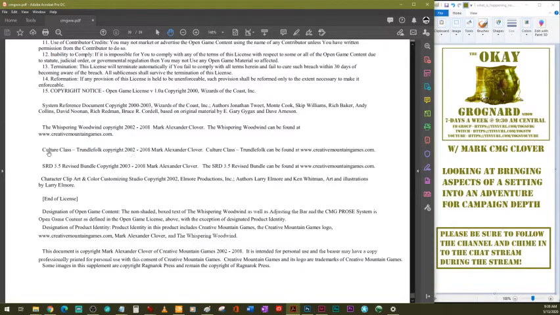How about that? I had this culture class, Trundlefolk, which I revised when I revised this in 2008 for 3.5. I used my own SRD 3.5 revised bundle. I originally had this character clip art, which was included in the 2002 Elmore. How about that?